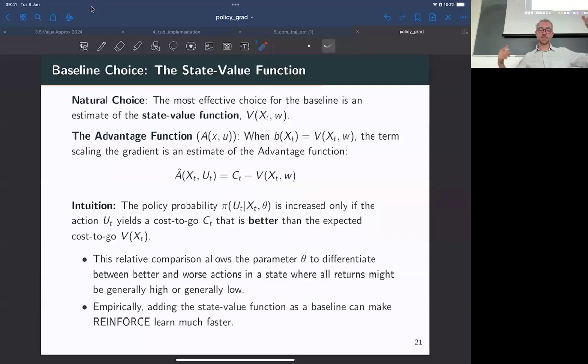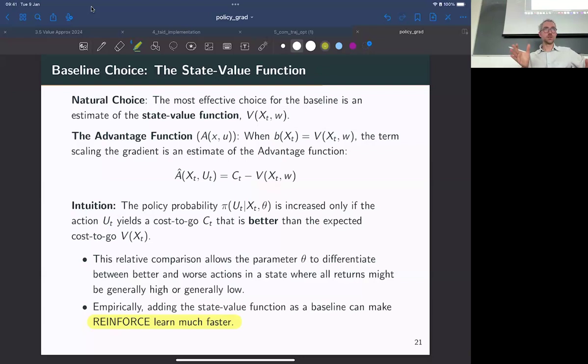And that introduces bad scaling in our gradient estimates. By instead subtracting this value here, which tells you on average what the cost from that state is, you're removing this scaling issue. That makes sense. Thank you. So yeah, empirically, the result is that the algorithm is going to learn much faster.